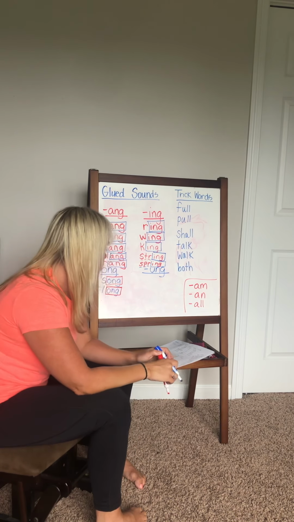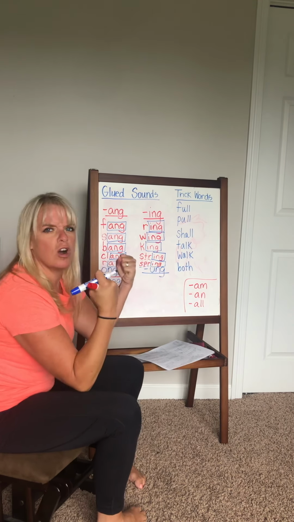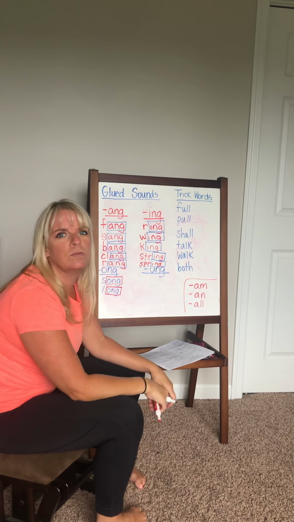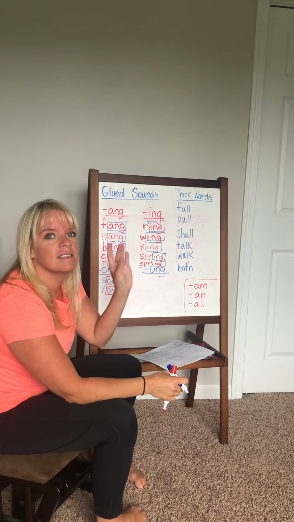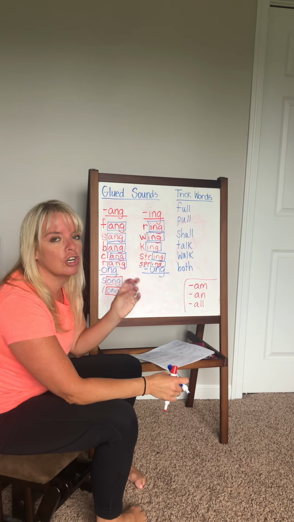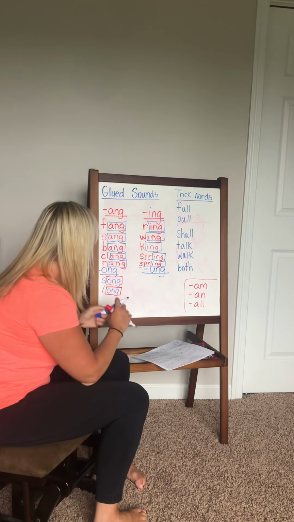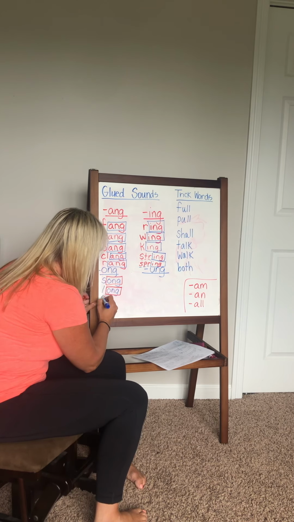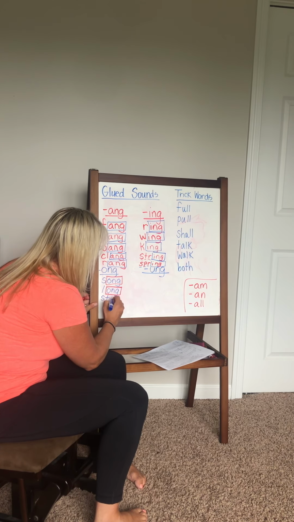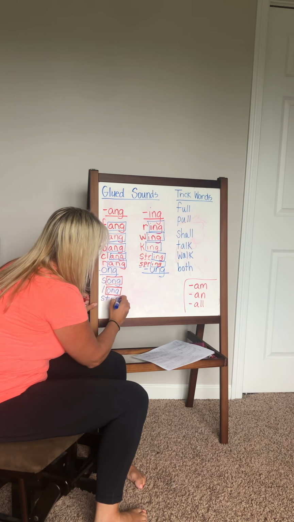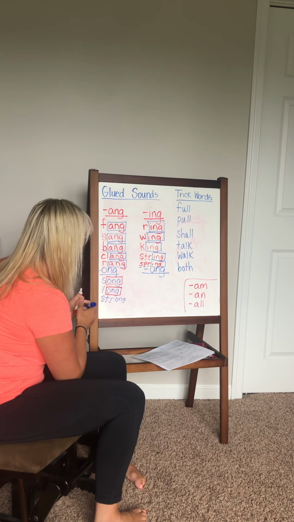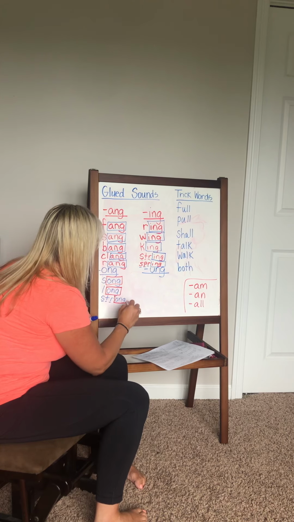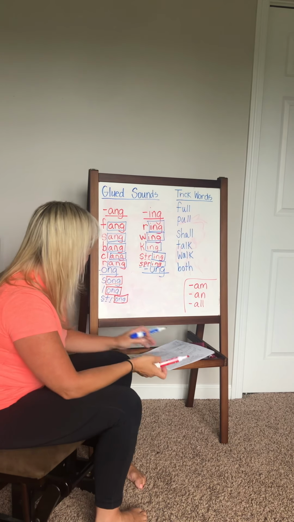How about the word strong? Like I am so super strong. Let's tap it out. Ong. There's that 3-letter blend again. STR is a 3-letter blend, and then we've got that ONG glued sound.